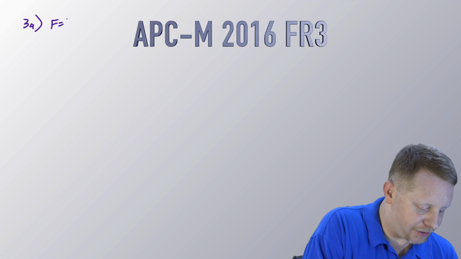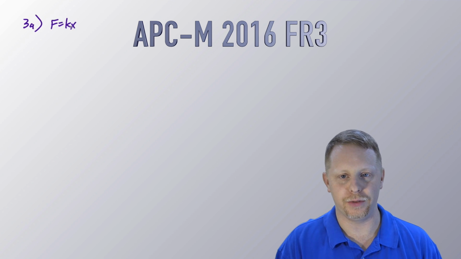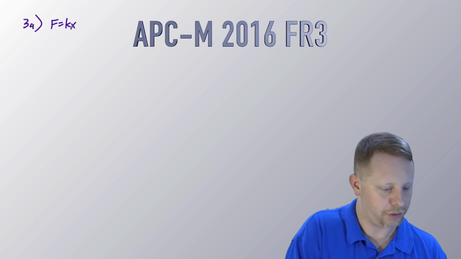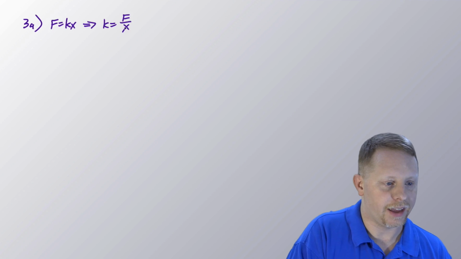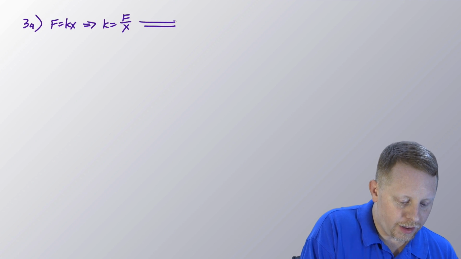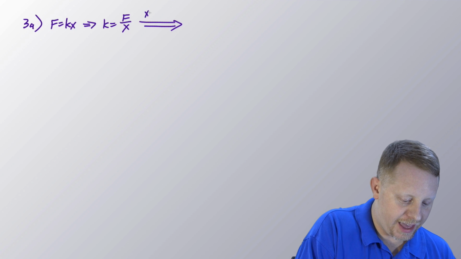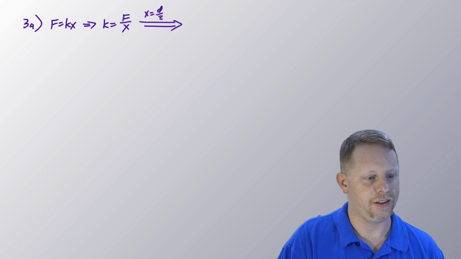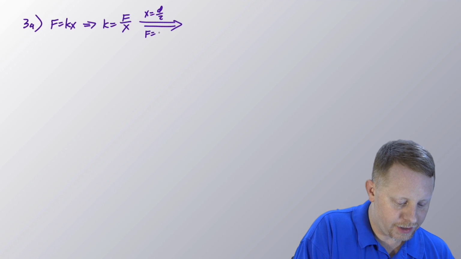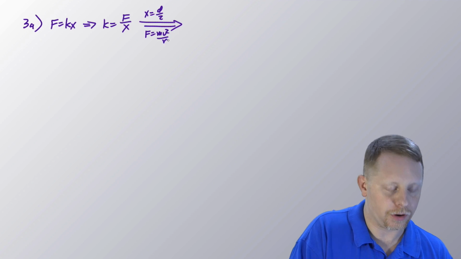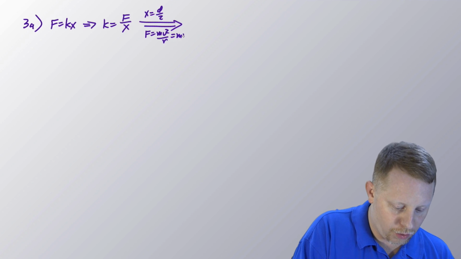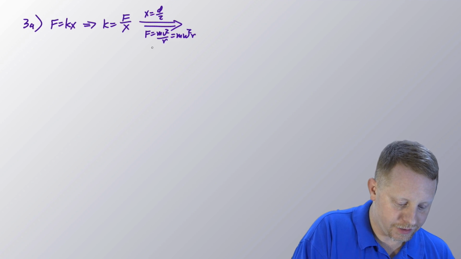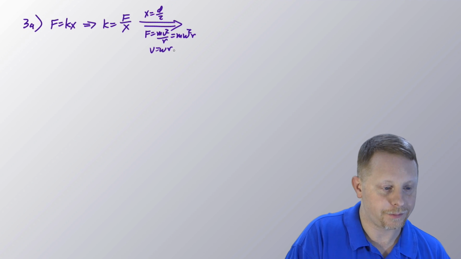F equals kx. I'm just going to worry about the magnitude, not the direction at the moment, so we're not going to worry about the negative sign there. We know it's a restoring force. So this implies that the spring constant is just going to be F over x, which implies then, well, x is equal to d over 2 in this case, and our force is m v squared over r. It's a centripetal force, a center-seeking force, which is m omega squared r, since we know v equals omega r.